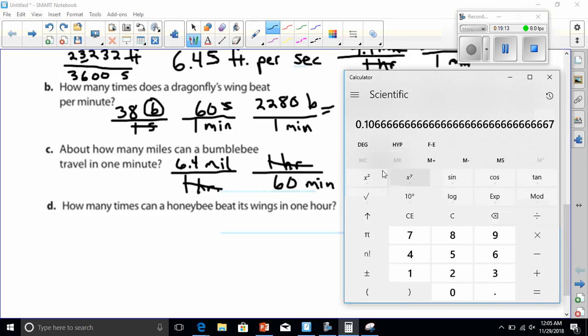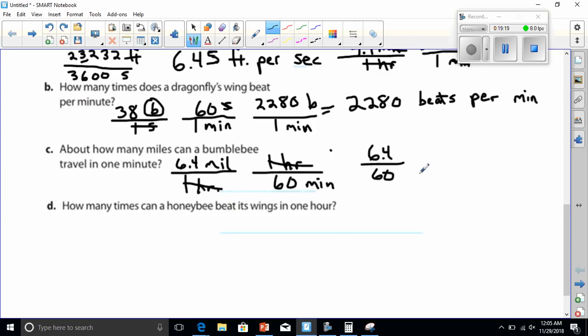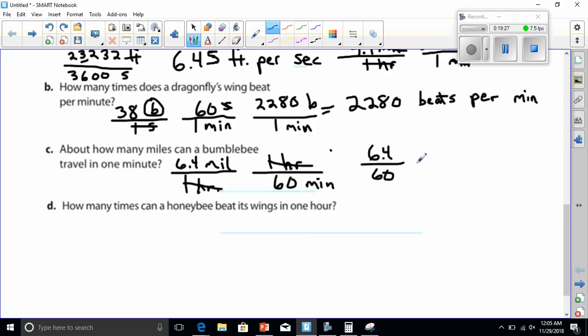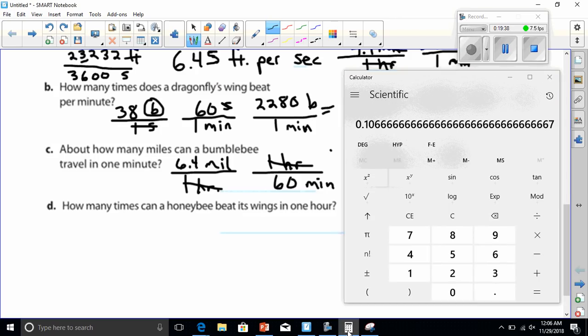It looks like 0.10 repeating. Let's see, was that 0.10? I thought it was 0.10 repeating. So the answer is 0.10, since we're rounding to the nearest hundredth. And it was above 5, yes, 6 repeating.